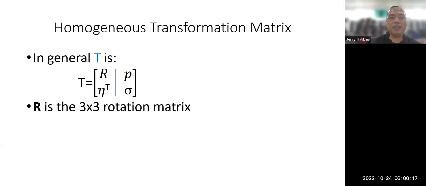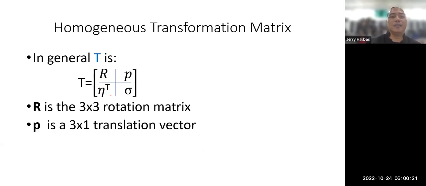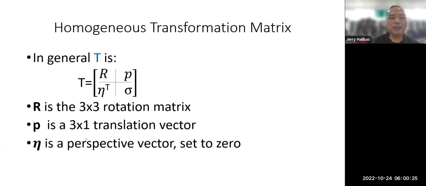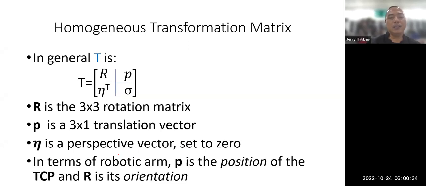P is a 3x1 translation vector. Eta is a perspective vector, usually set to 0. Then sigma is by default equal to 1. In terms of the robotic arm, P is the position of the TCP, and R is its orientation.